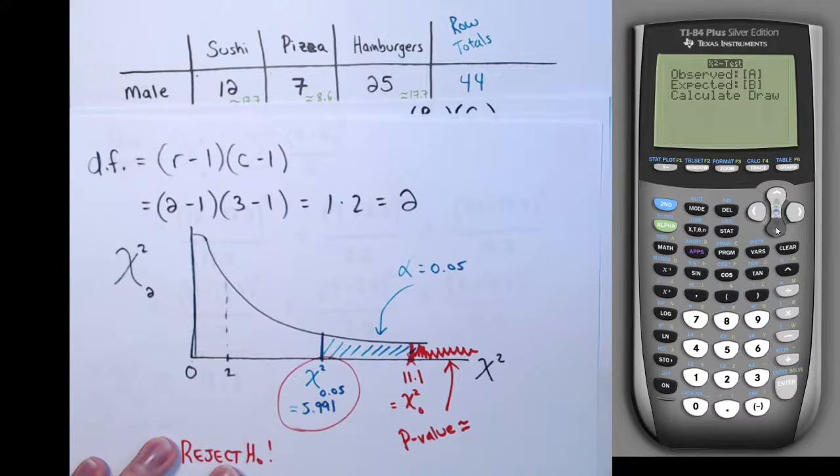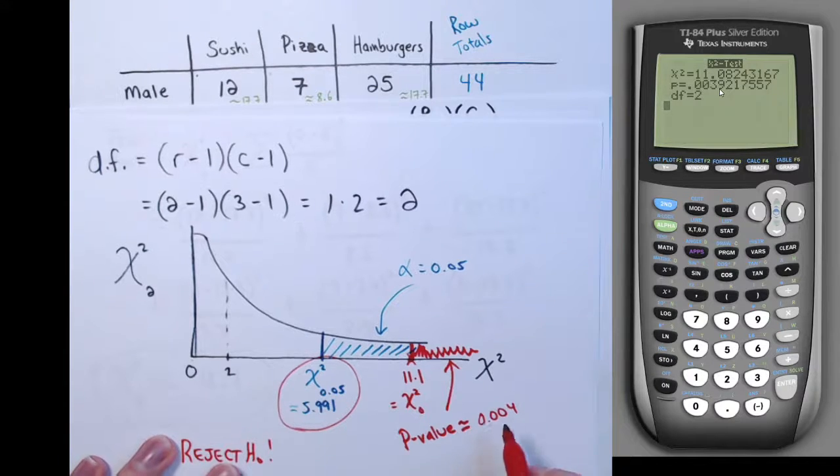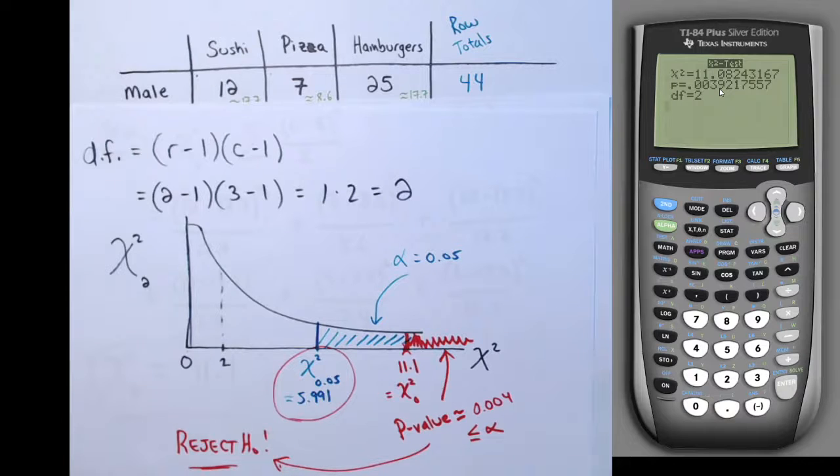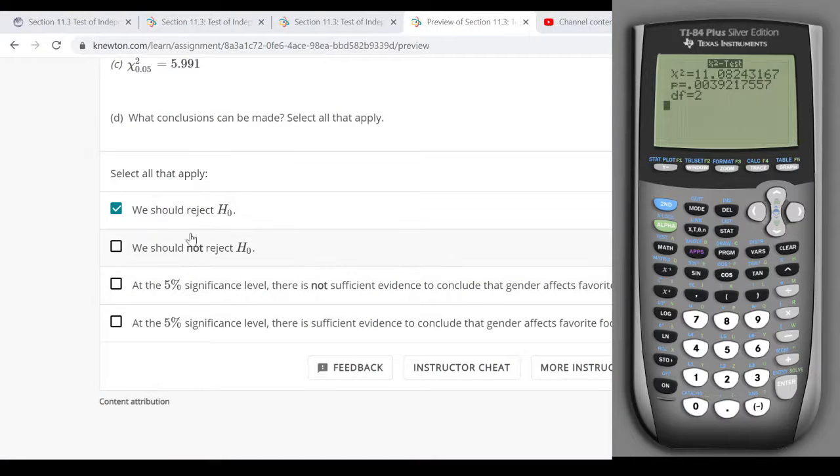The observed matrix is still the same, and again the test statistic, and now the p-value is 0.003, 0.004 if I round to 3 decimal places. This p-value is definitely less than or equal to alpha. The p-value is less than 5%, so again I would say reject the null. Whether you're using the critical value approach or the p-value approach, you're going to reject the null hypothesis.